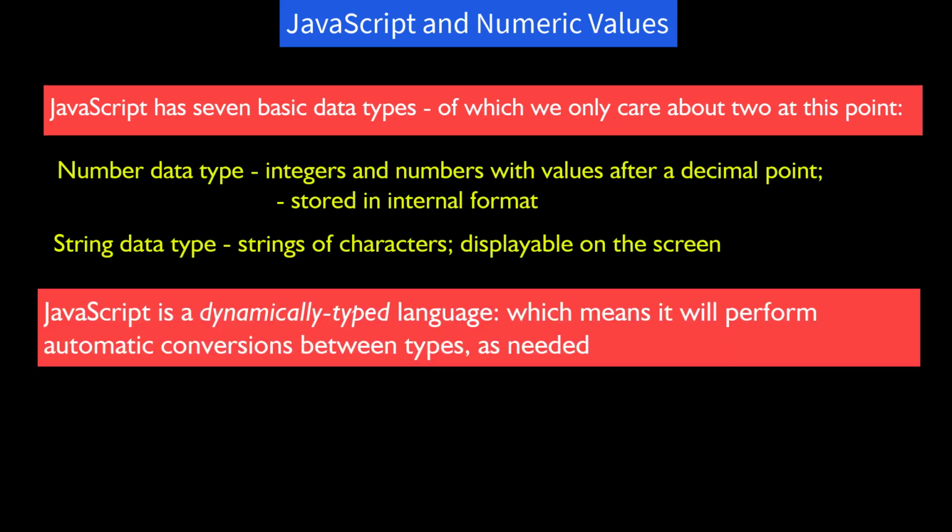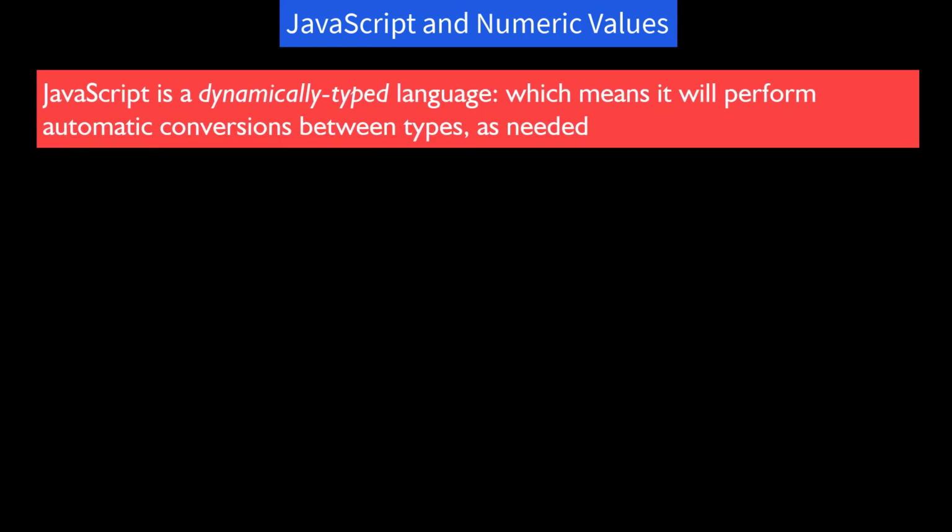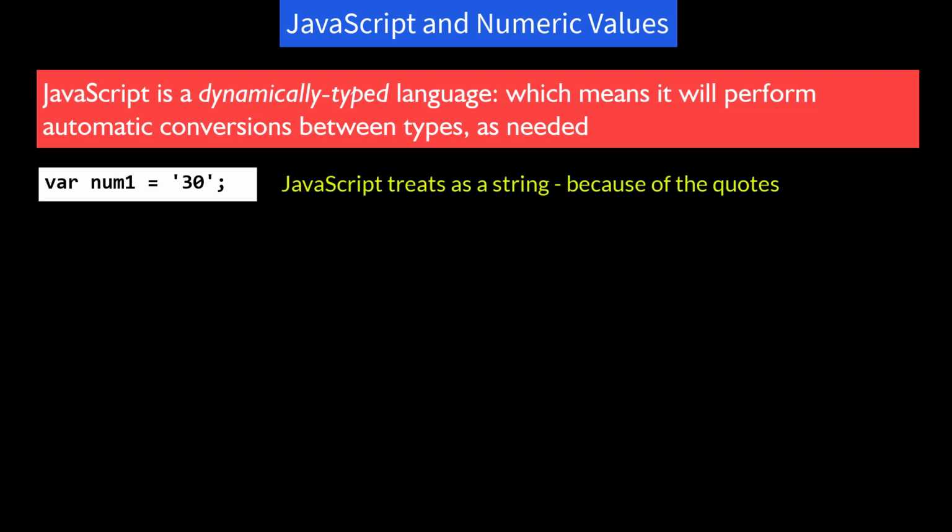JavaScript is a dynamically typed language, which means it will perform automatic conversion between types as needed. For example, if you declare var num1 equals "30"; JavaScript treats this as a string because of the quotes.